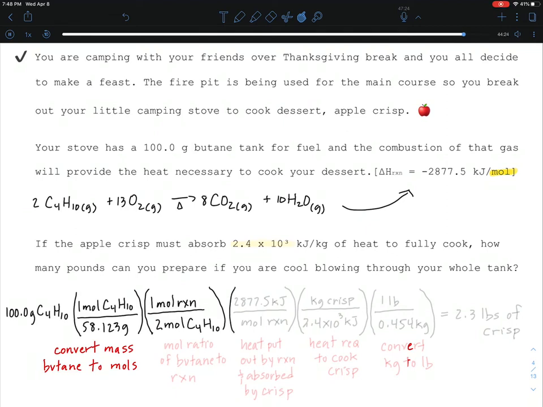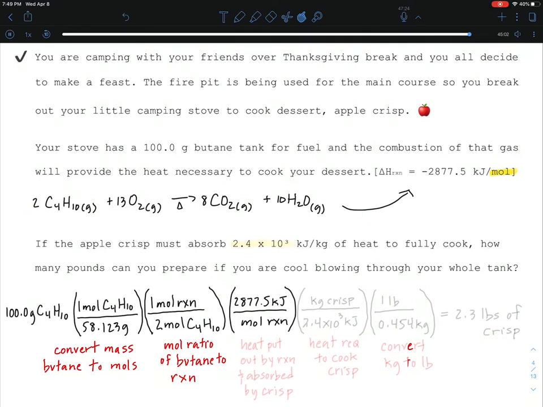The other thing we have to be mindful of is that that's an exothermic process, but our apple crisp is the surroundings, not the system. So that is going to take on positive 2877.5 kilojoules of heat per mole of reaction. So here, this is my mole ratio of butane to reaction.